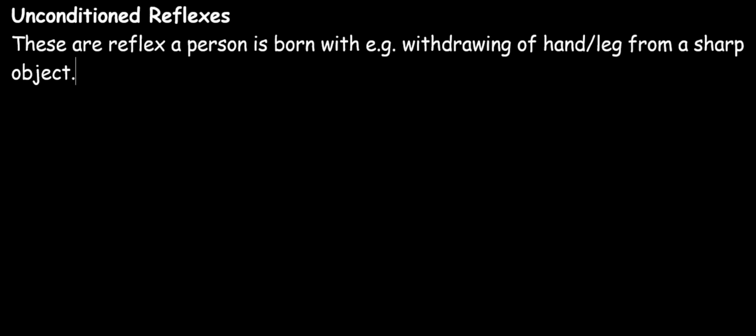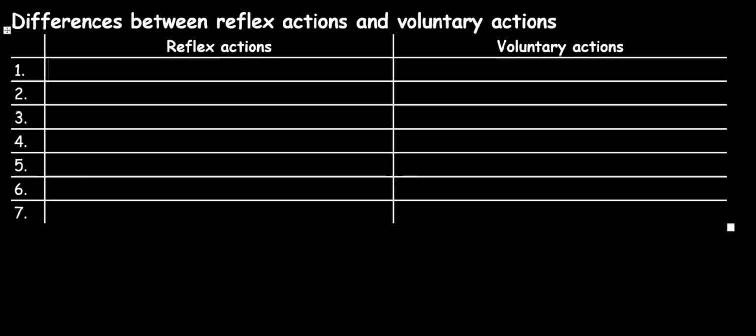So now, having looked at this concept of conditioned and unconditioned reflex, let us take a look at the differences between reflex actions and voluntary actions. We have a tabular format in which we talk about the differences. On the left side, we have the reflex actions, and on the right side, we have the voluntary actions.